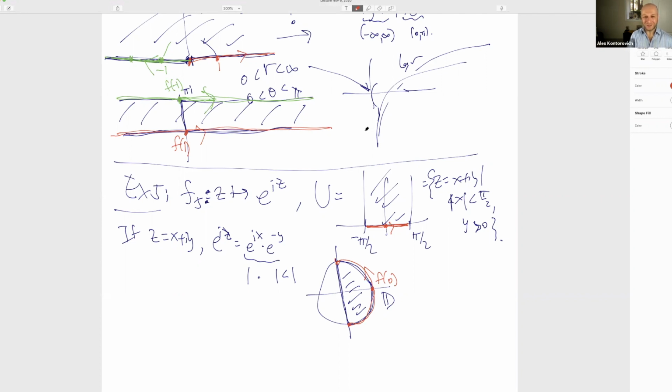Now this is funny. So what's going on in these directions? We start here, and this is f of minus pi over 2. And we just increase y. So we keep our argument the same and we just decrease the magnitude until we get all the way to 0 as y goes to infinity.